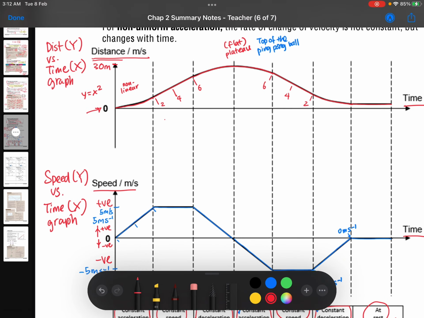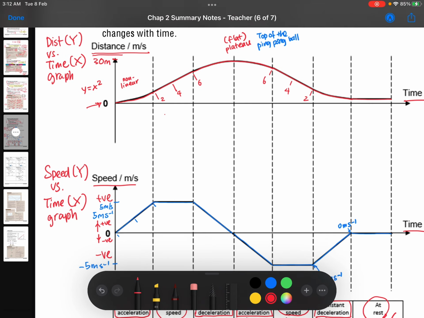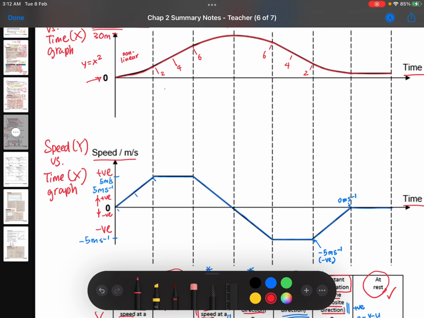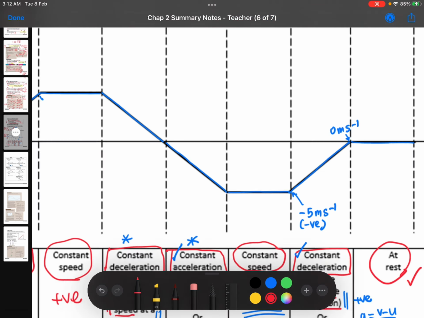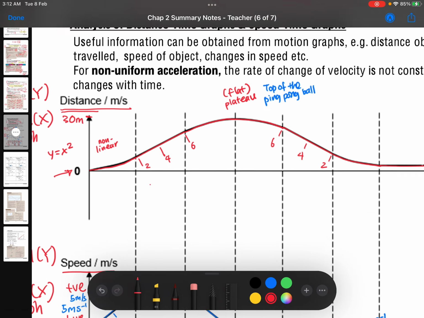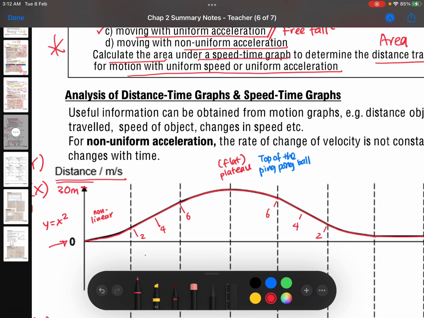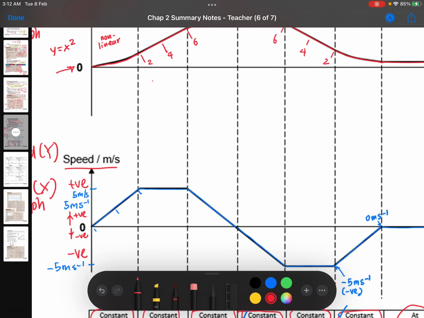So actually with this speed time graph and distance time graph, this one page illustration will actually cover several pages in your textbook. Okay, if you want better illustration, you can refer to your textbook and see the various parts of the graph.